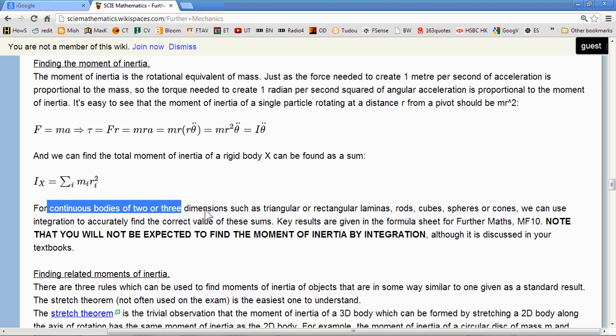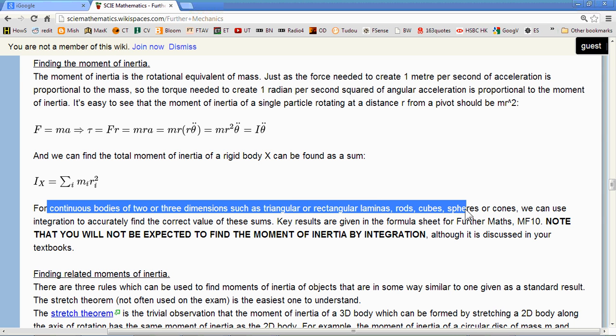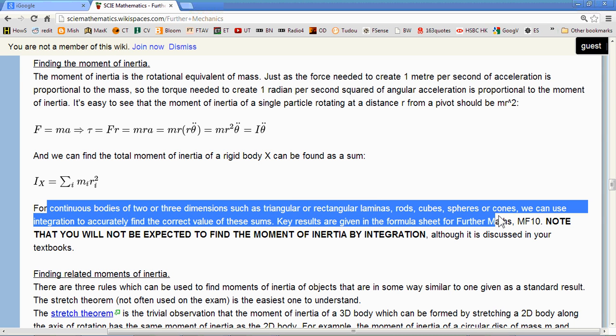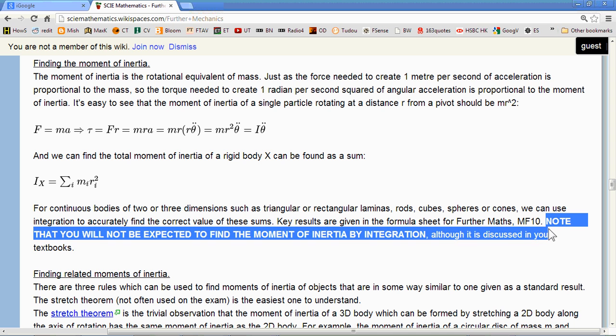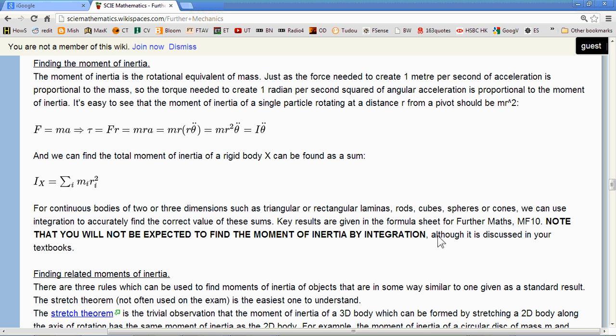For continuous bodies of two or three dimensions, such as triangular or rectangular laminas, rods, cubes, spheres, or cones, we can use integration to accurately find the correct value of these sums, these moments of inertia found by adding up the moments of inertia of each particle. However, you will not, see this note in bold here, you will not be expected to find a moment of inertia by integration in the CIE syllabus.